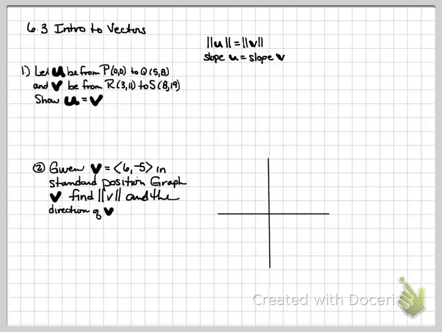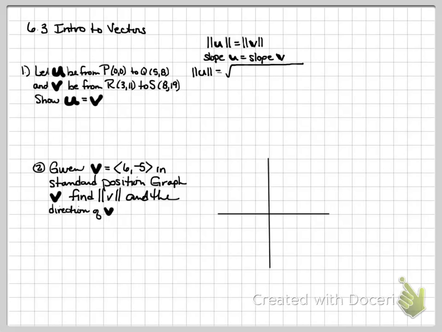Ours is starting at P and going to Q. So to find the magnitude of u, it's kind of like doing the Pythagorean theorem. We're going to do the square root of where it ends up taken away from where it starts.